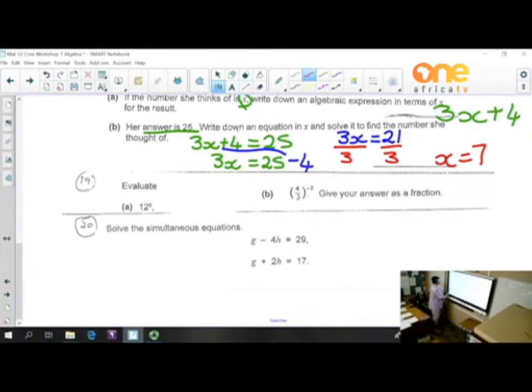The next question is again on indices. We had those rules just now. So what did we learn? Anything to the power of 0 is 1. Just need to know your rules. Now what do we have here? We have that negative index. And what did we say? The negative index, so a to the power of negative 1, is equal to the positive reciprocal. This is the rule that I'm going to use. So I have to reciprocal it in the first place.